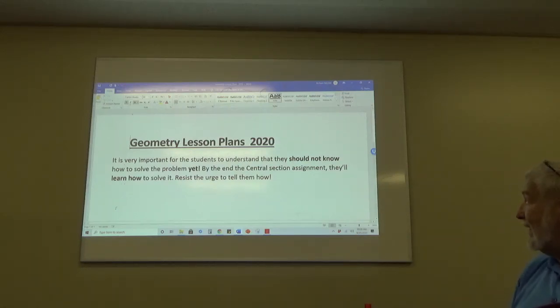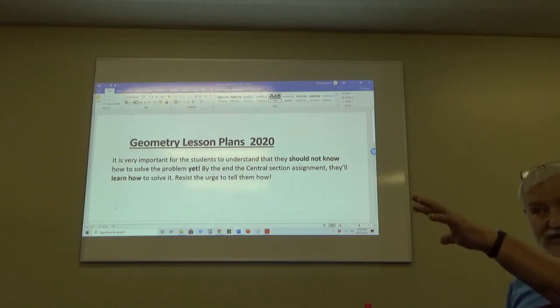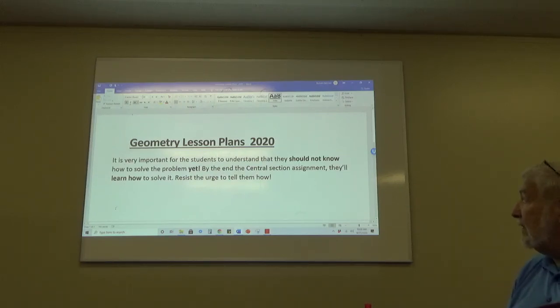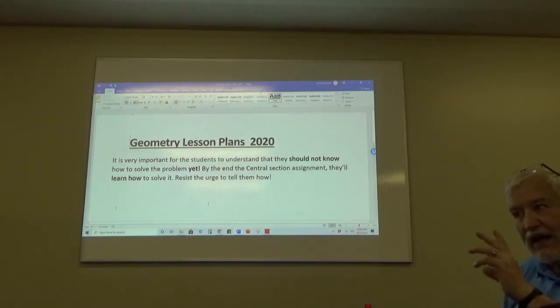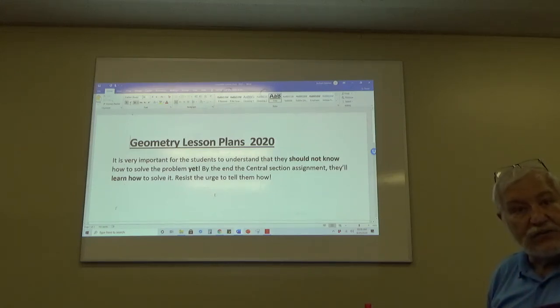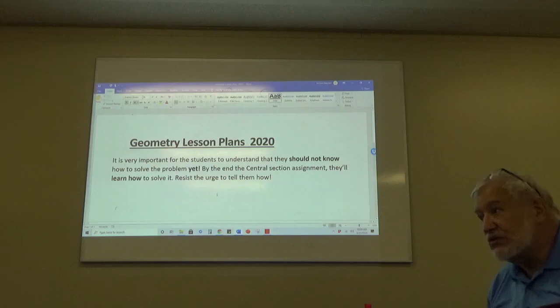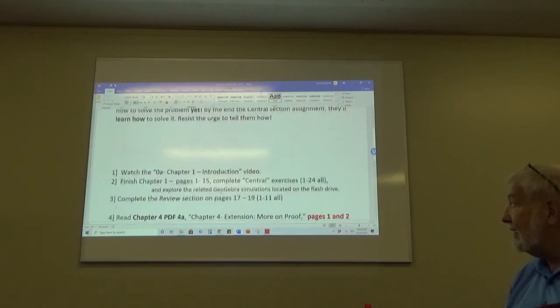By the end of the central section, that's the text part, they'll learn how to solve it. And this, to me, says resist the urge to tell them how to do it at the beginning. Because of that, you are going to see some presentations and have some questions, which is normal, but I'm not going to give you the answer because you're going to find it as you go through the text. Okay?